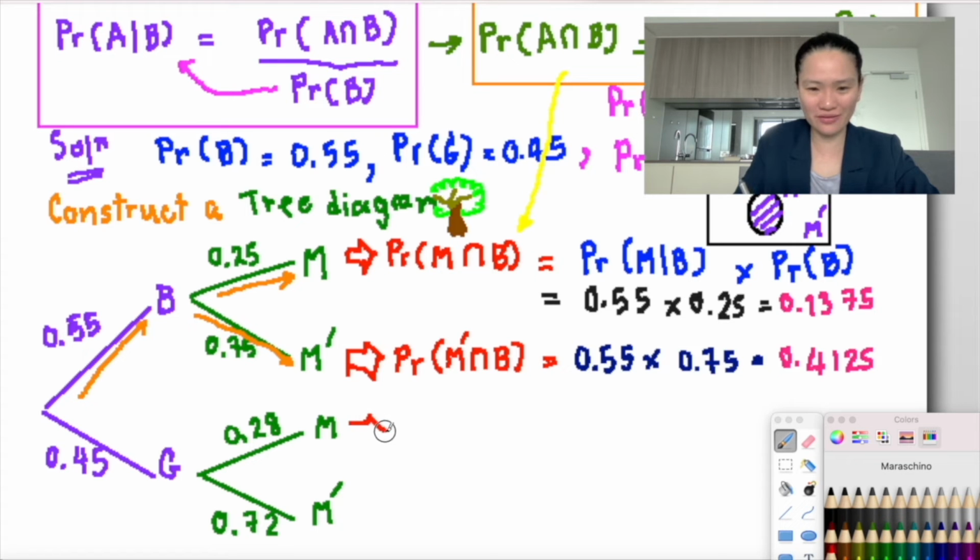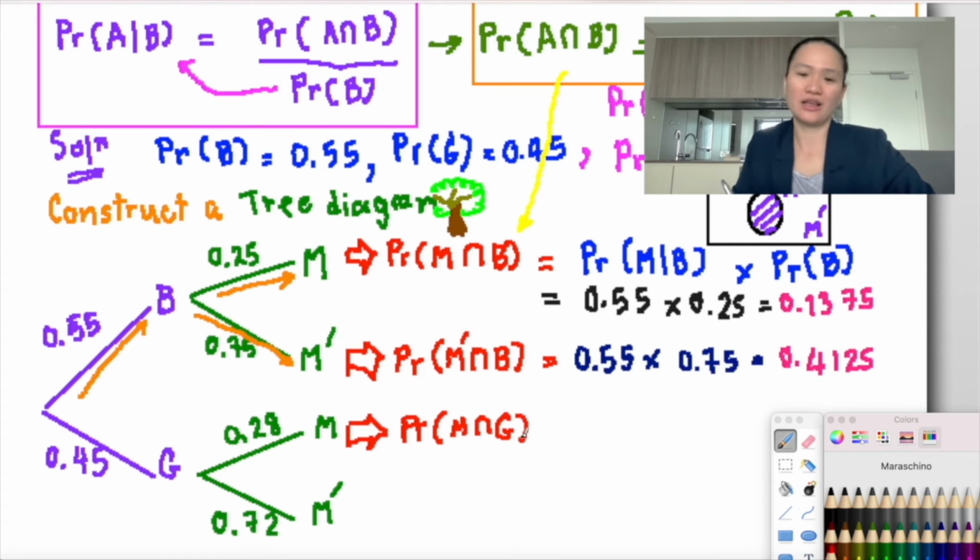We do the same concept. Now we want to find the probability of prefer math and girls. So that means the girls who prefer mathematics. Of course, we have done this.